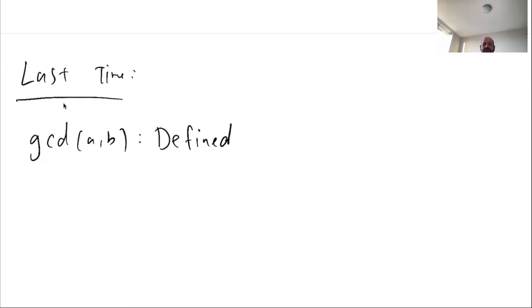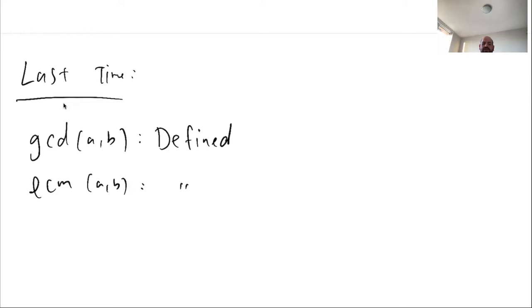And then we provided one algorithm to find GCD and also LCM. So LCM was also defined. And we said that if you want to find GCD and LCM, one way to do that is to factorize A and B into prime factors.